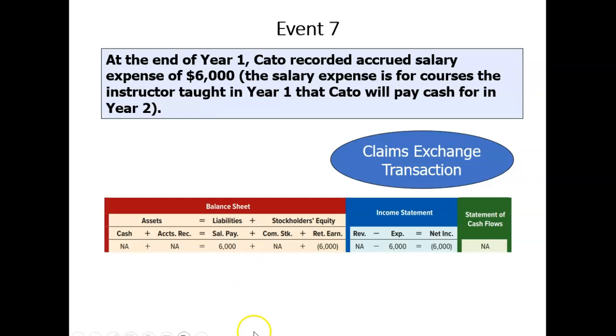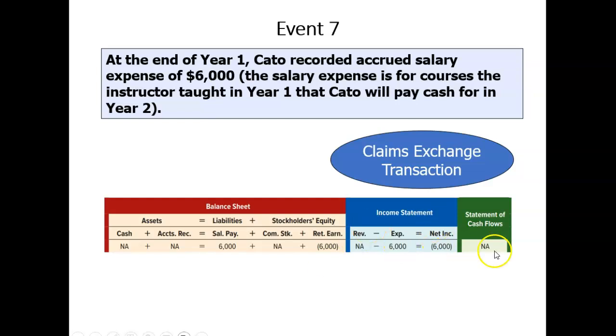So under the balance sheet, your liabilities will increase by $6,000 because this money is owed to the instructor. Under your stockholders' equity, retained earnings will decrease by $6,000 because, again, expenses decrease your retained earnings.